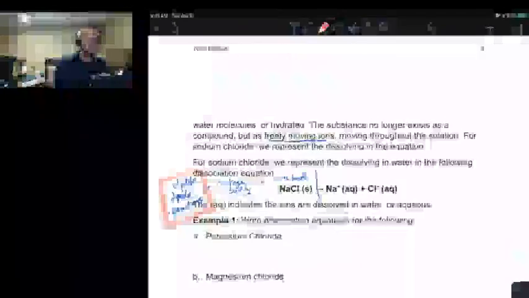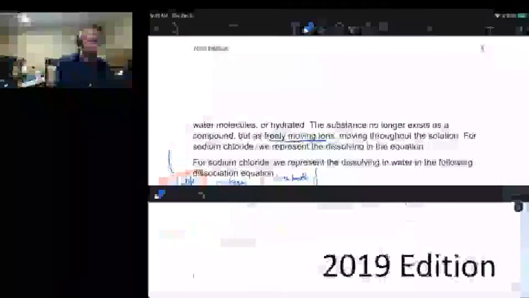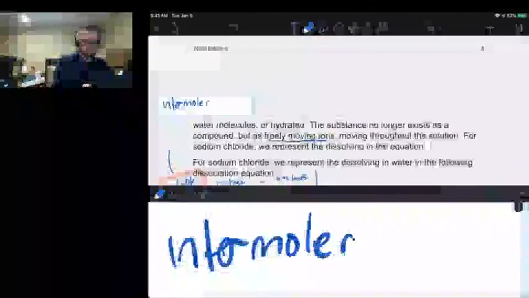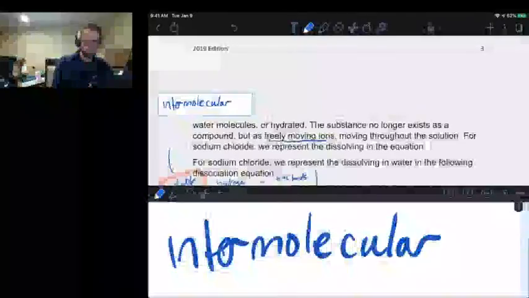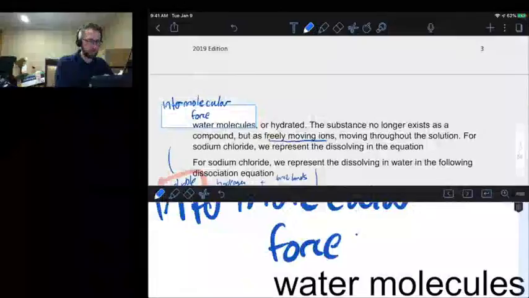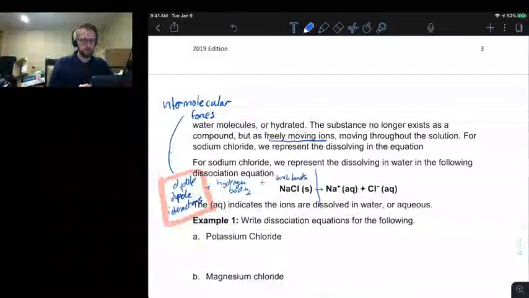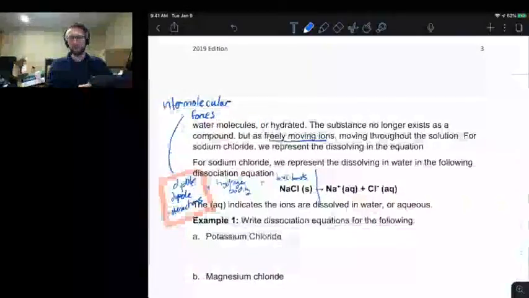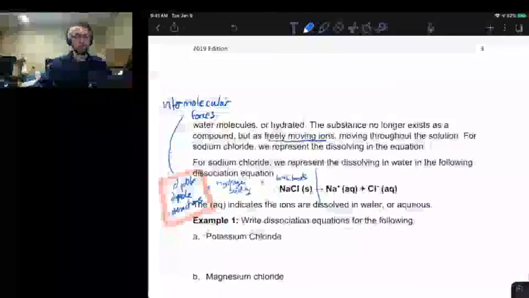So dipole, these are what we call intermolecular forces. So they're between molecules. Intermolecular. The dipole interaction is actually considered one of the weaker intermolecular forces.